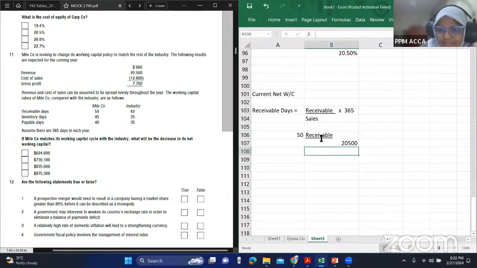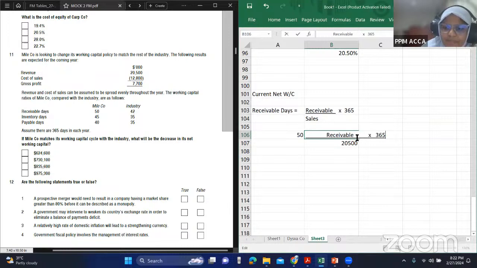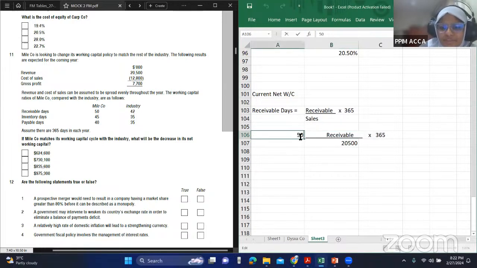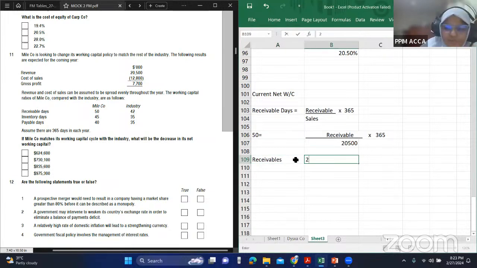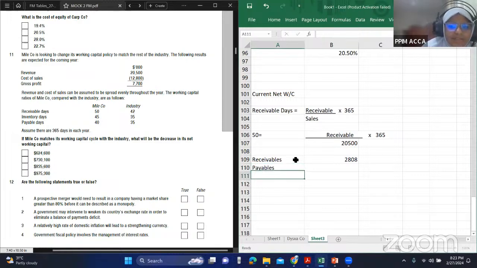Okay, I hope you understand what this is. I don't want to waste time with it. So you can rearrange the equation. I'm sure you're good at that already. So that will be 50 into 20,500 divided by 365. So you will get the receivables as 2,808.